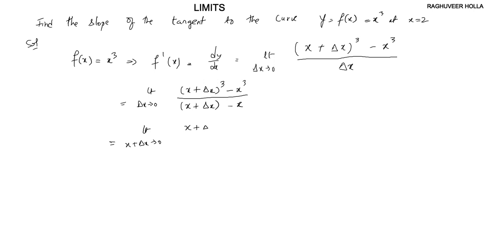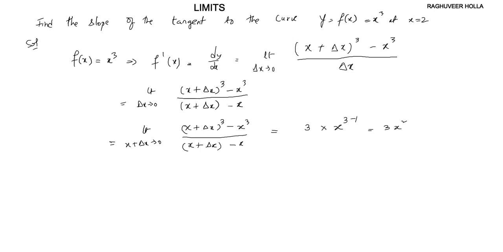Now delta x tends to 0, so we can write as a limit x plus delta x also tends to x. (x plus delta x) whole cube minus x cube divided by (x plus delta x) minus x, which is equal to 3 multiplied by x to the power of 3 minus 1.